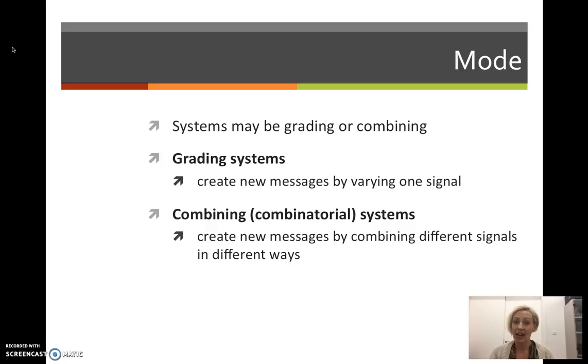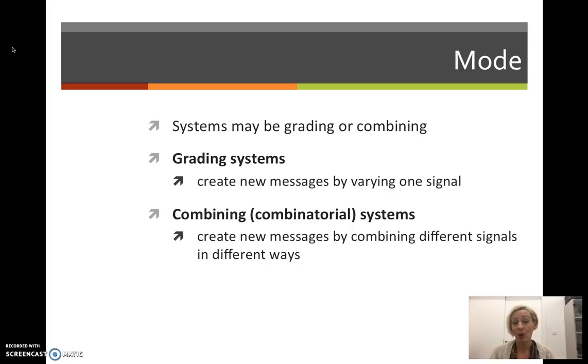If a system is grading, that means it only really has one message. One type of signal, but you can change the meaning of this signal by producing the signal in a different way.